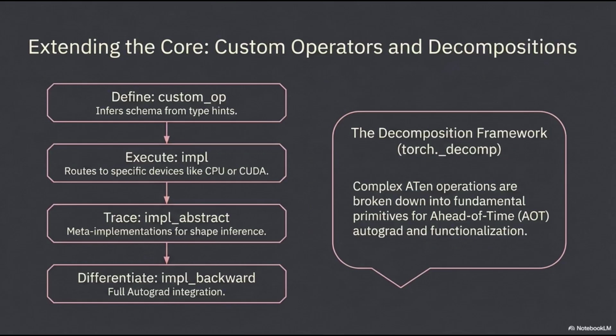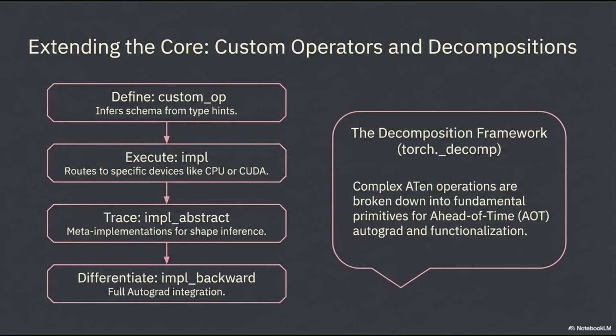Following this, the impl abstract step handles tracing, providing meta implementations crucial for accurate shape inference, which is vital for graph compilation and optimization.